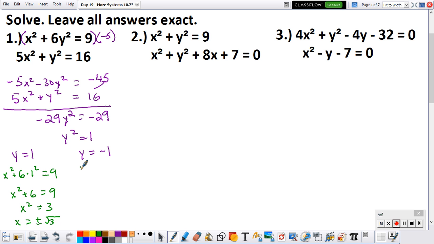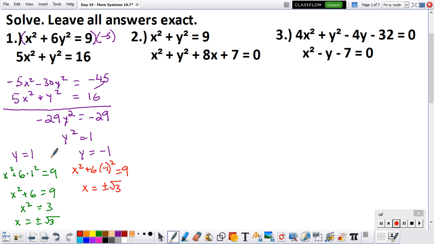Then for y equals -1, I'm also going to plug it into the same equation. We'll do this one in red. And we've got x squared plus 6 times -1 squared equals 9. At this point I realize this is going to go the exact same way as the other one, because I'm still going to have 6 and then subtract and get 3. So we're going to get x equals plus or minus √3.